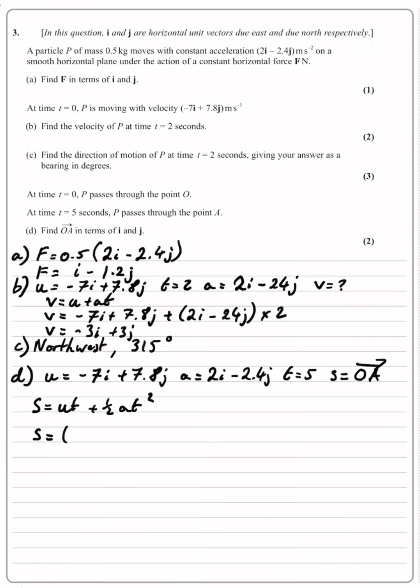So s equals negative 7i plus 7.8j times by 5, plus a half of 2i subtract 2.4j lots of 5 squared.